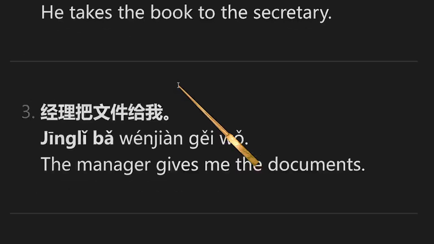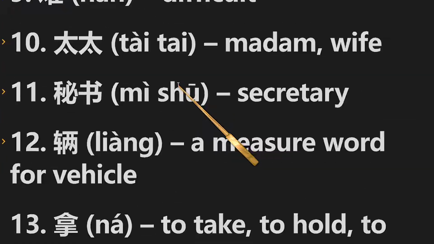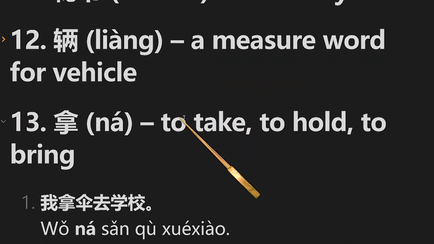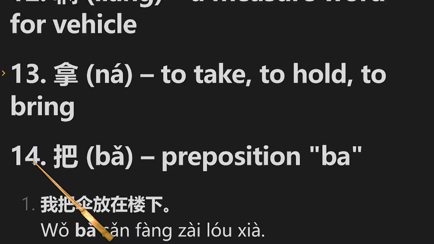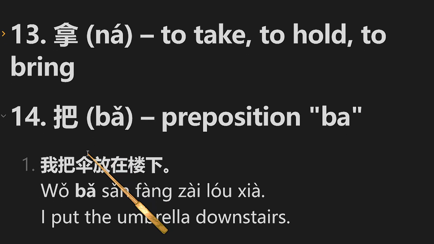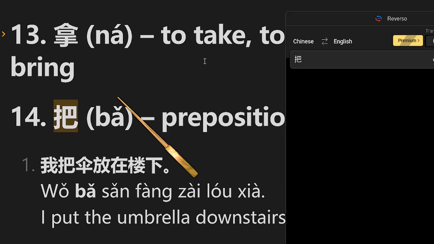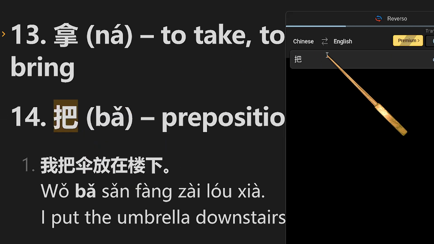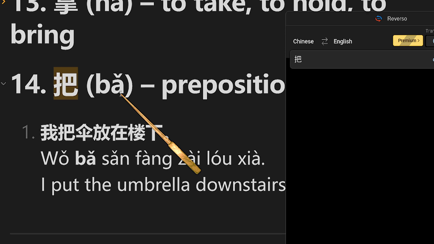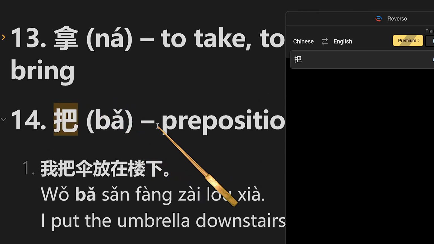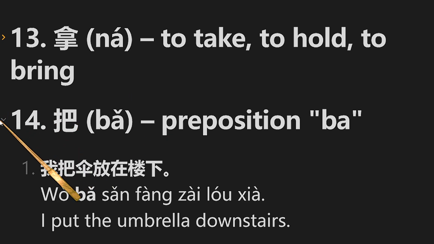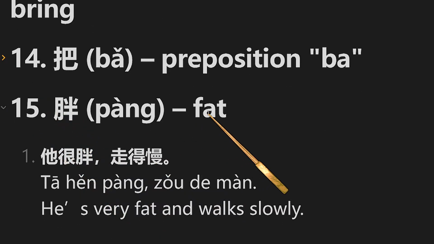So let's repeat our words from this lesson. 拿, to take, to hold, to bring. As you can see, this hand at the bottom of this character helps you. 把, a preposition, to take something. 胖, it's fat.